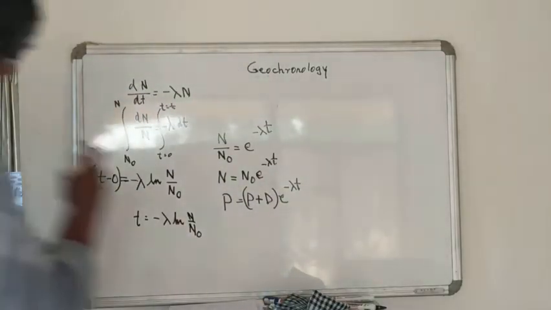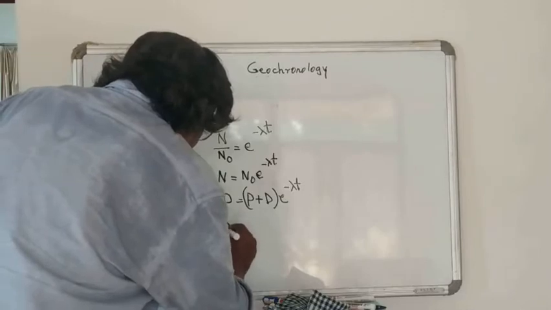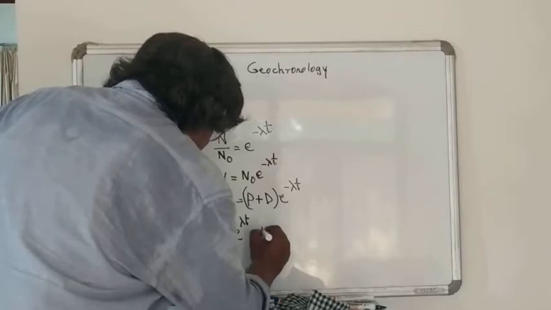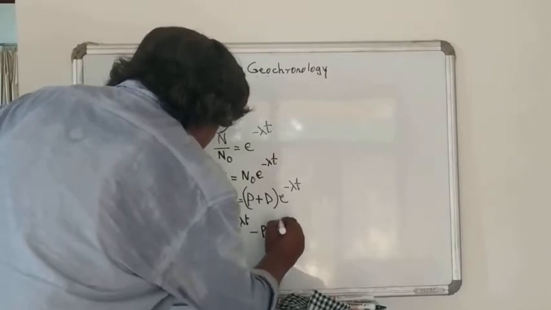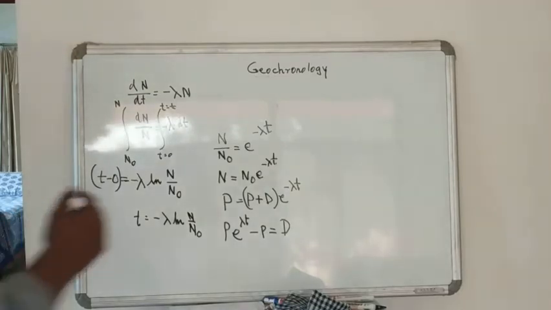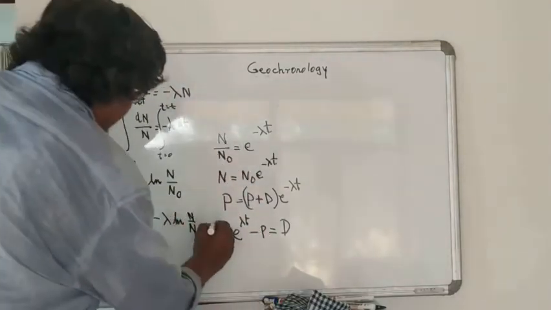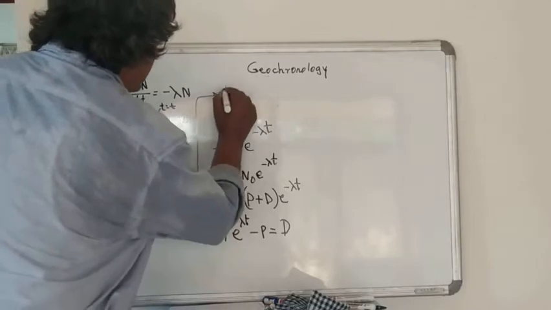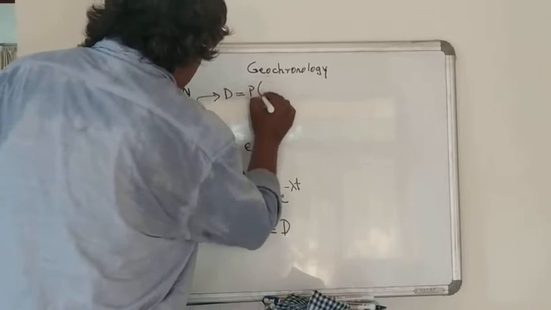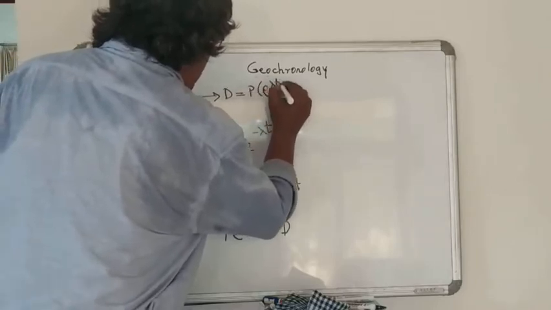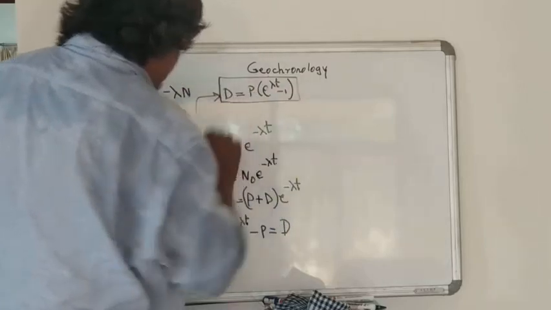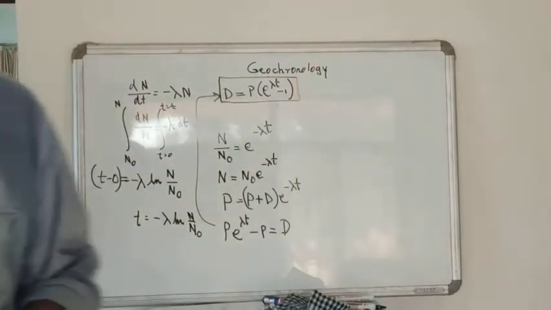Now this translates to P into e to the power lambda t minus P is equal to D. Which would mean, D is equal to P into (e to the power lambda t minus 1). Now that is an important equation.